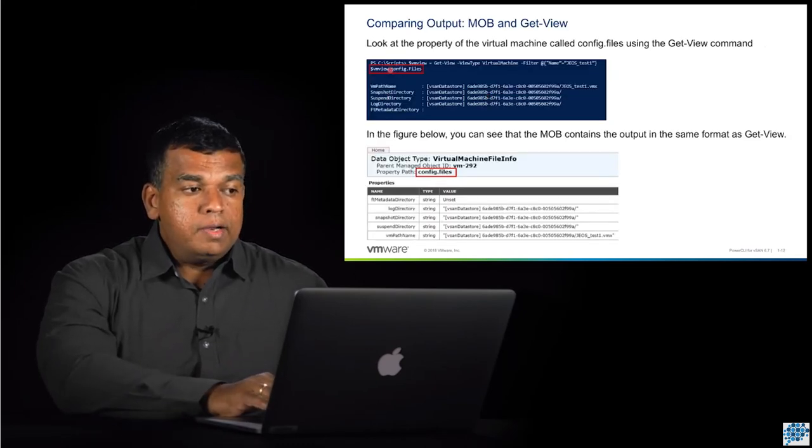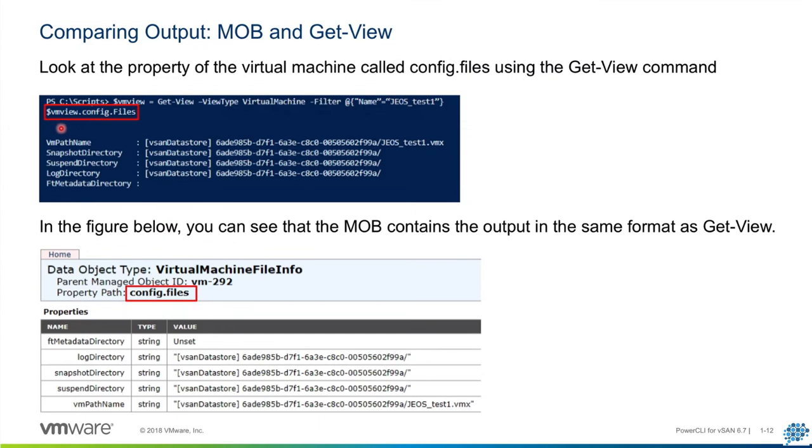Here I am looking at a property called vmview.config.files. What I'm trying to see here is what are the files associated with the virtual machine. When I type in vmview.config.files, that means I'm accessing the property called files of the property called config, which is itself a property of the virtual machine vmview.